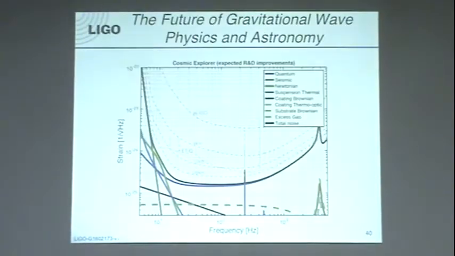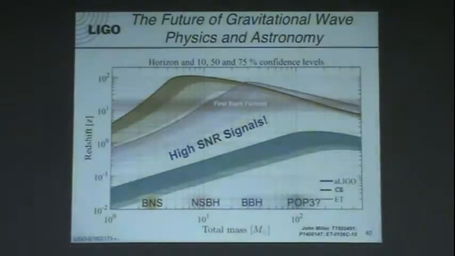I'm going to go quickly through this. Basically, our grand goal is to have a new generation of detectors, even beyond what we have now, by using the simple formula for strain, making arms that are 40 kilometers long instead of 4 kilometers.